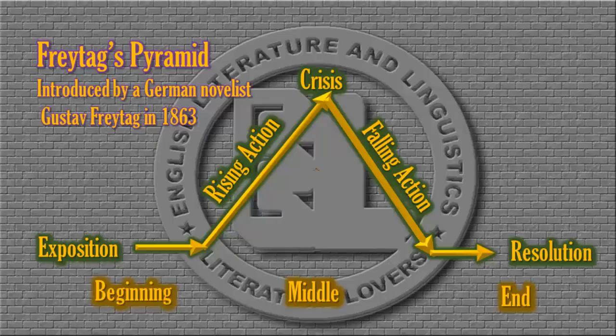This is known as Freytag's pyramid, which was introduced by a German novelist, Gustav Freytag, in 1863. Next, we are going to define these terms one by one.